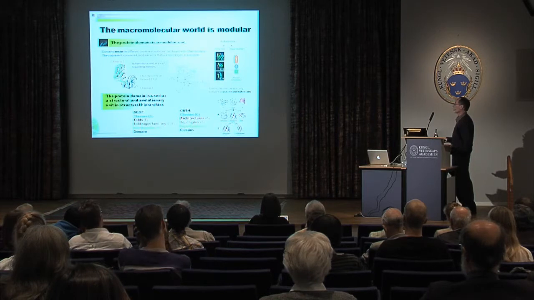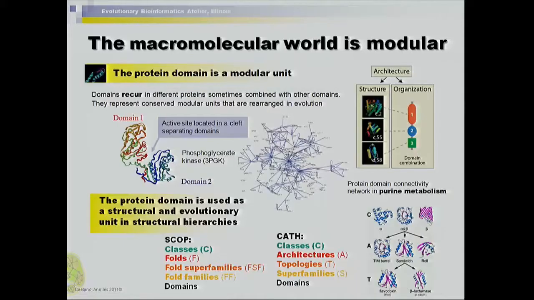An effort to visualize this complexity has been to create classifications of proteins. For instance, the structural classification of proteins showcases this hierarchical structure that I was explaining, where you can pool on the top of the hierarchy the groups of classes, and then from here all the way to folds, fold superfamilies that are highly conserved evolutionary units, all the way to fold families, and ultimately the domains.